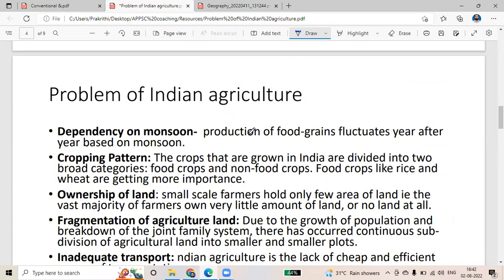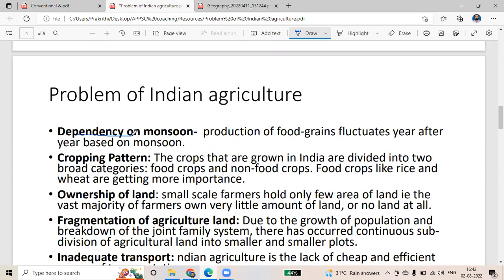One of the problems is the dependency on monsoon. Most of our agriculture system in India depends on monsoon. Many areas get more than 150 to 300 centimeters of rainfall. Some areas get 70 to 150 centimeters of average rainfall.